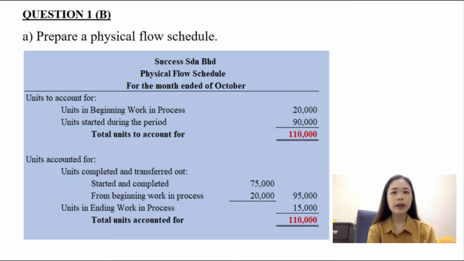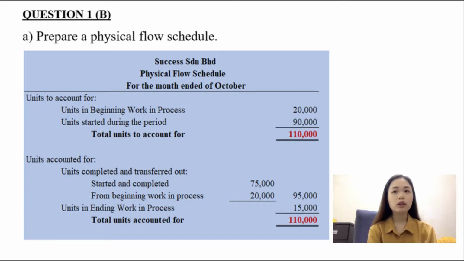For the units accounted for, we need to use units completed and transferred out plus units in ending work in process. Inside the units completed and transferred out, we need to use started and completed, which is 75,000 units, plus from beginning work in process, which is 20,000 units.